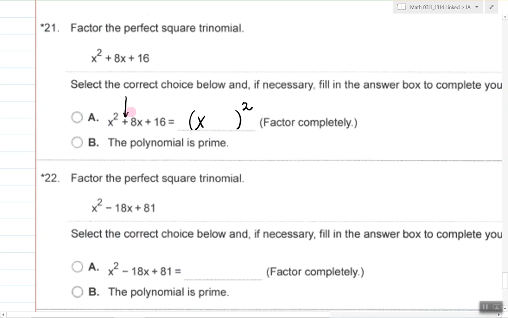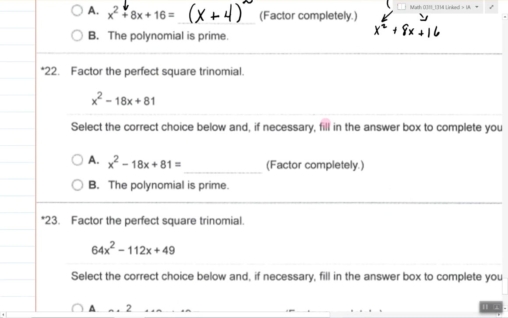It will be the sign from the middle, that's plus, and the square root from the last, which is a 4. I recommend that you test it by the squaring process. You square the first, multiply for 4x, double for 8x, square the last for 16. It checks. Let's look at the next one.